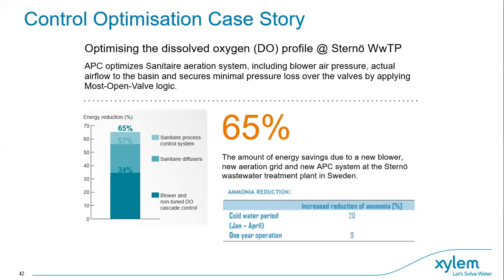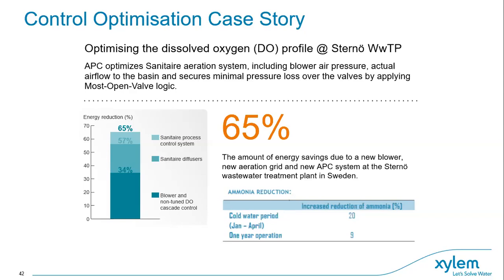When we take into account the things that Magnus talked about earlier, in this scenario we were changing an old aeration system and blower combination to efficient turbo blowers and high efficiency disc diffusers.